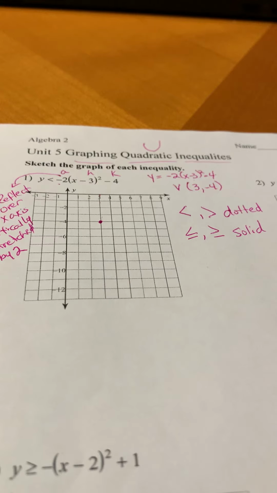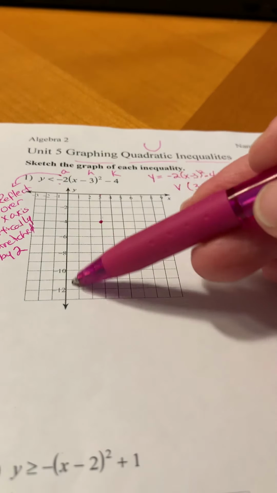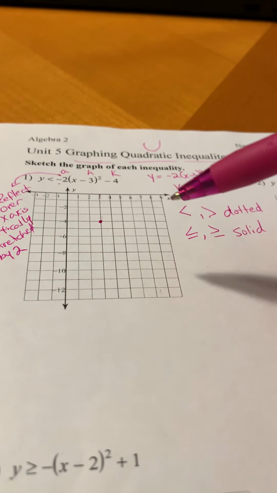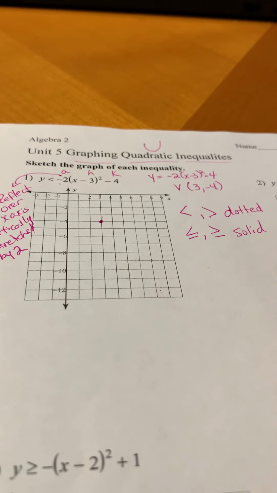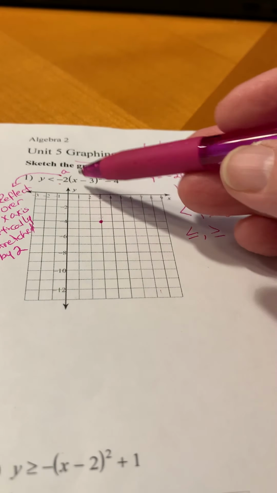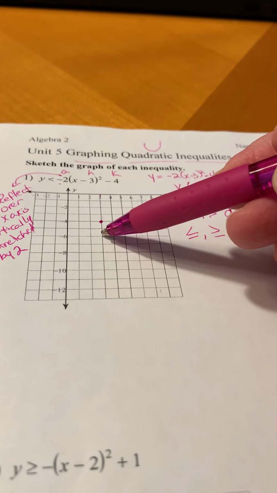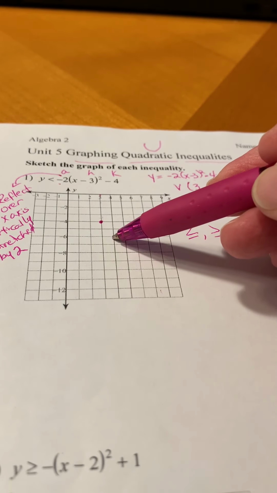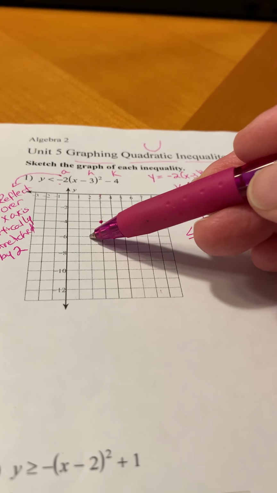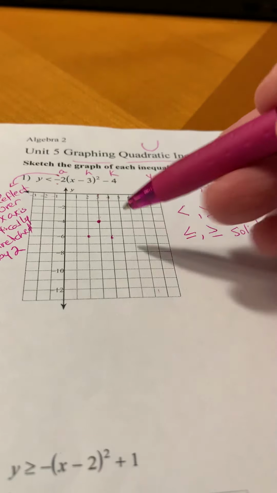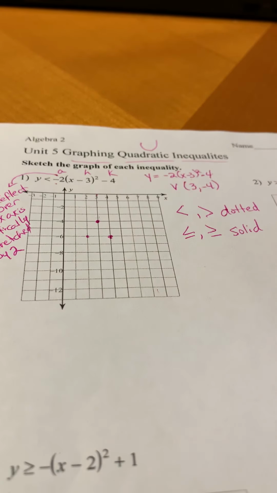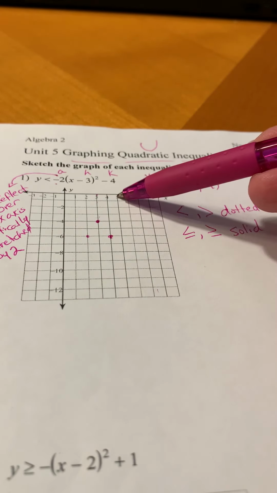Now, we know that it's going to go downwards, and our first point is going to be down 2 and over 1. Down 2 and over 1. We can get our first one like that, but after that we have to use our equation and figure out our next point.